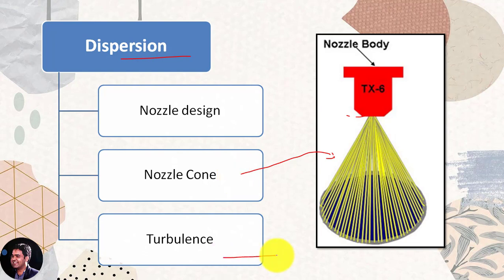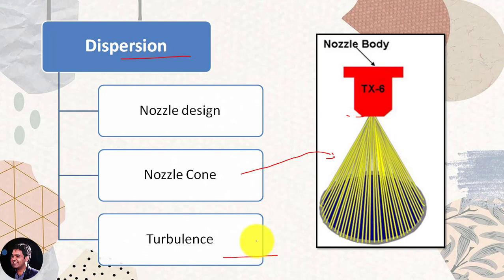Turbulence, you can consider a swirl produced inside the cylinder while air and fuel are getting mixed. So the better the turbulence, the better the dispersion we can expect. If turbulence is less, then dispersion will be less. Now, turbulence we can create by different designs of different components.